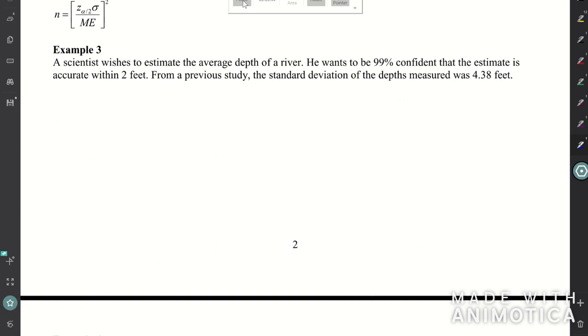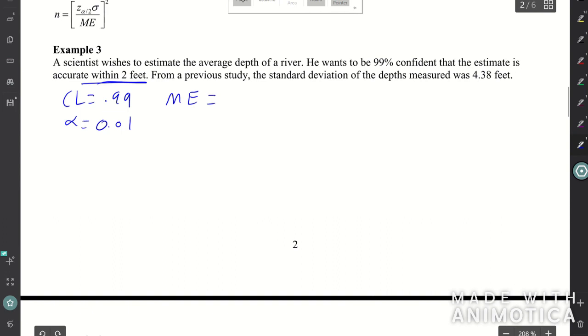Just like we did with proportions, we want to be able to find the minimum sample size necessary that meets the requirements specified by someone doing a study. So in this case, we want to be 99% confident. So my C level is 0.99. Alpha would be 0.01. And we want to be accurate within. And remember that word within is our key, that is my margin of error. So we want to be accurate within 2 feet.